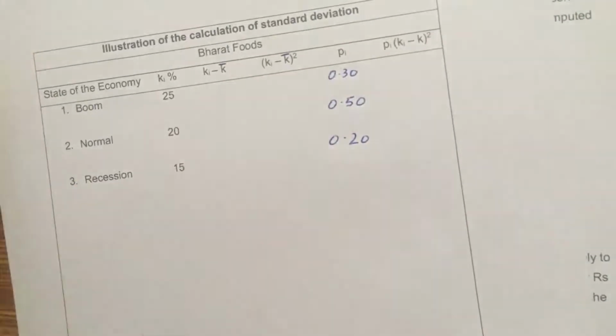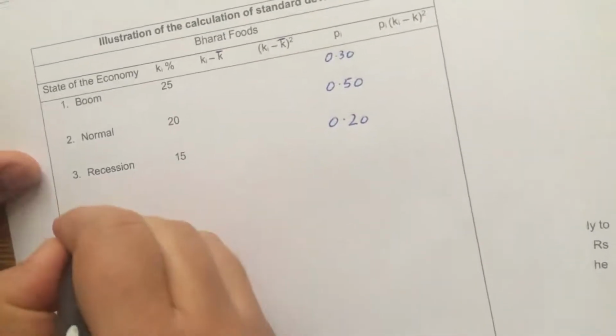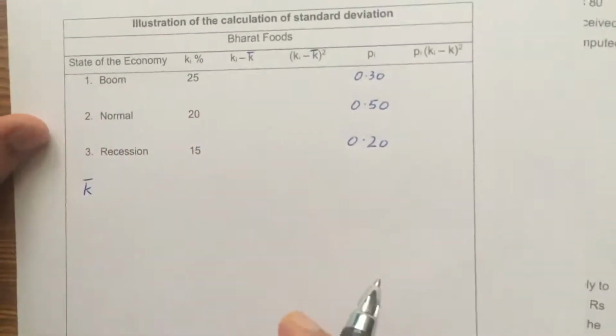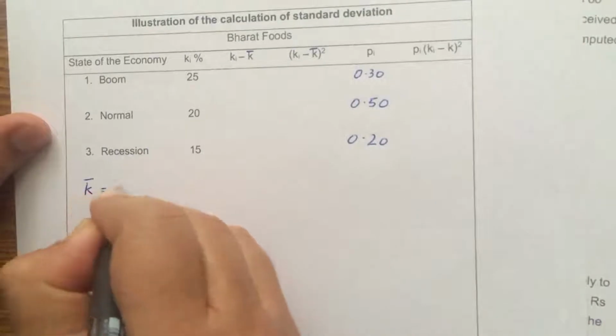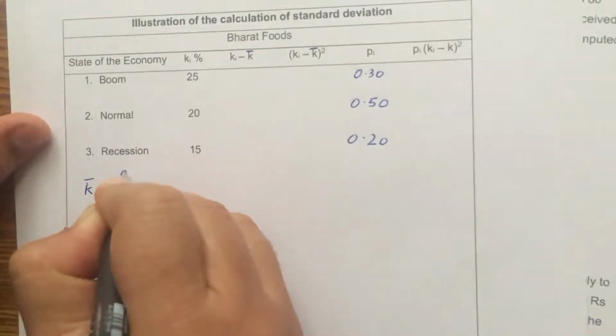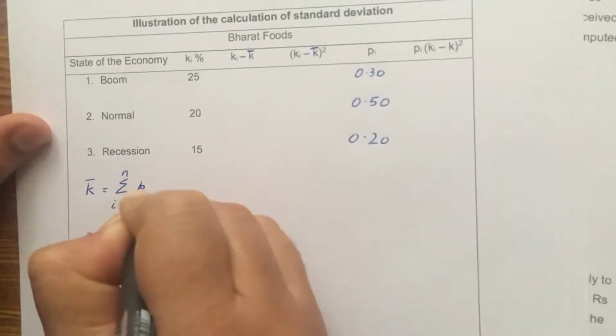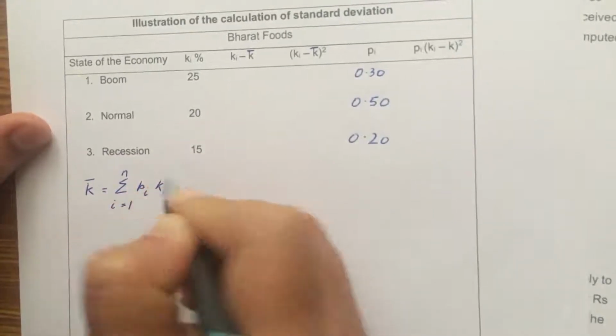Now, first thing is we need to find out what is K bar. We have seen K bar is nothing but summation of Pi into Ki.